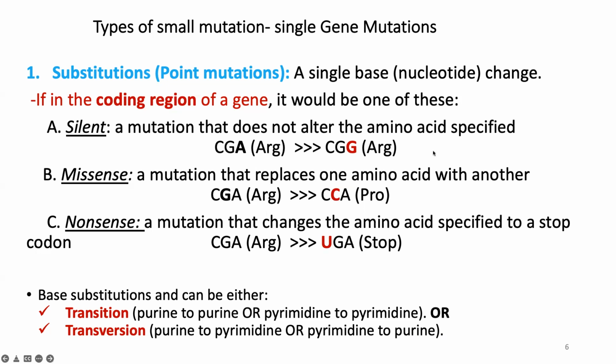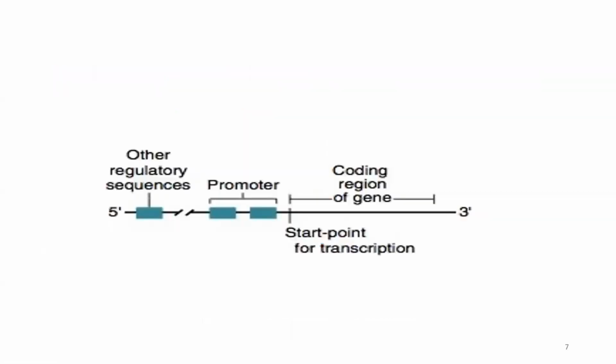So again, base substitution can be either transition or transversion. If it's purine to purine or pyrimidine to pyrimidine, that's transition, but the other way is transversion. So as we said, all these different types of point mutation, whether silent, missense, nonsense, is within the coding region.